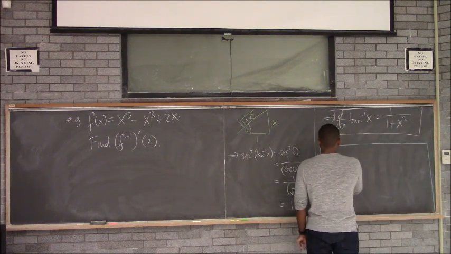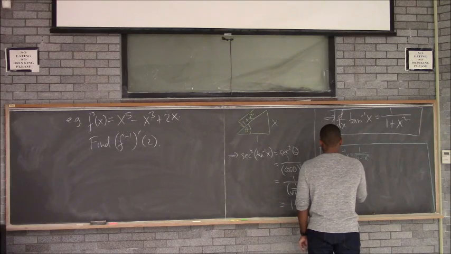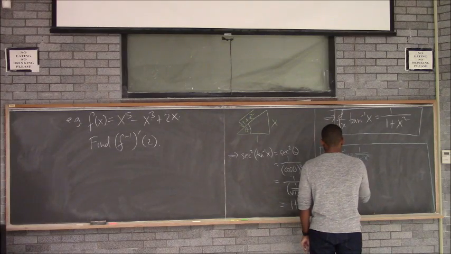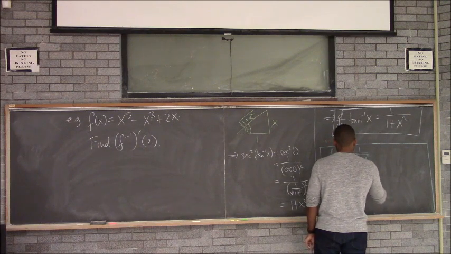So we saw that the derivative of the sine inverse of x is 1 over the square root of 1 minus x squared. We saw that the derivative of tan inverse of x is 1 over 1 plus x squared.